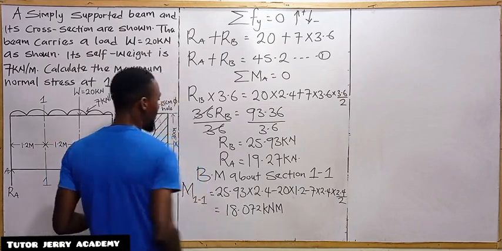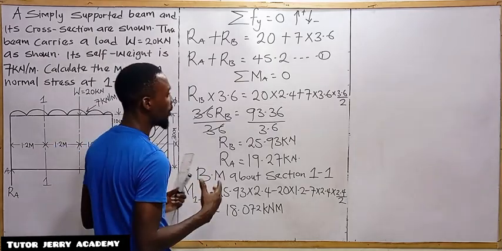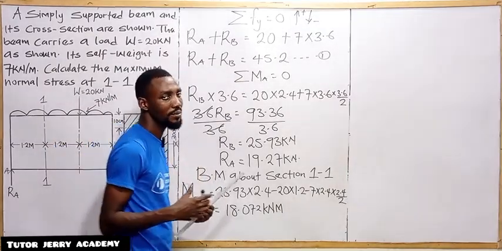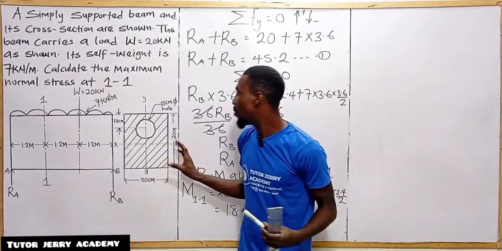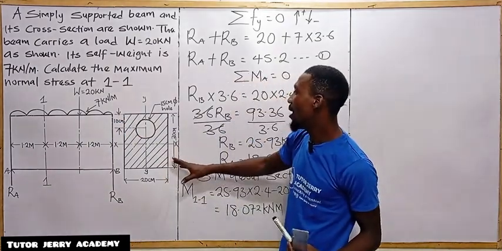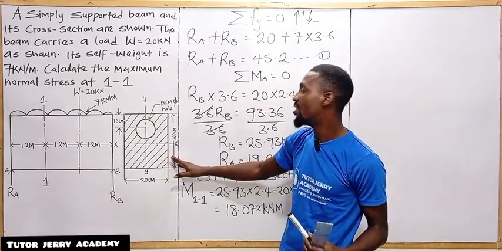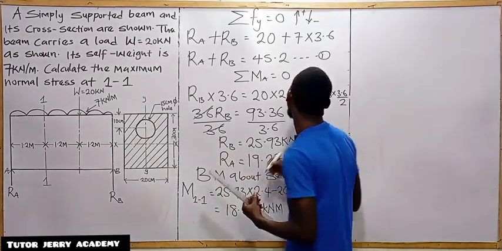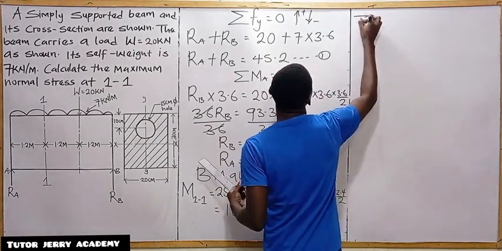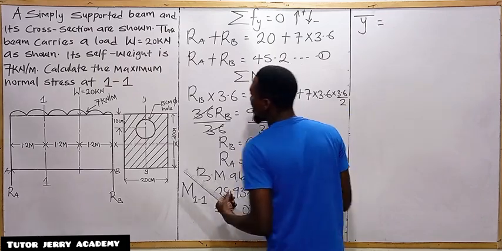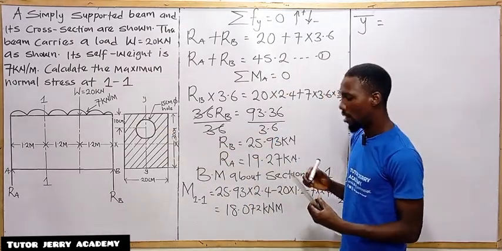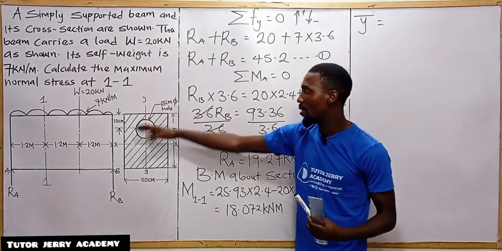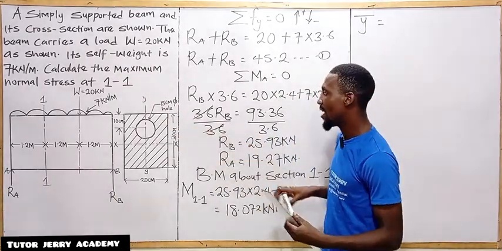Now that we have gotten the moment, the next thing we are going to do is calculate the position of the neutral axis of this section. How do we do that? We are going to be using this formula. This is a hollow object that comprises a rectangle and a circle inscribed in it.